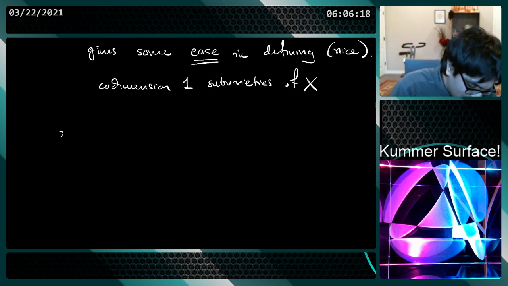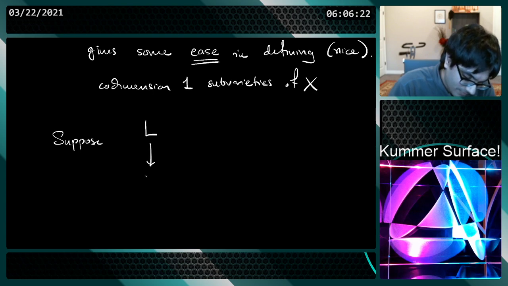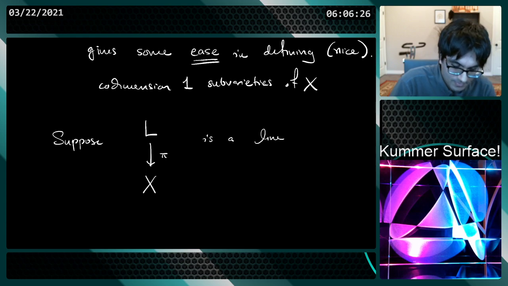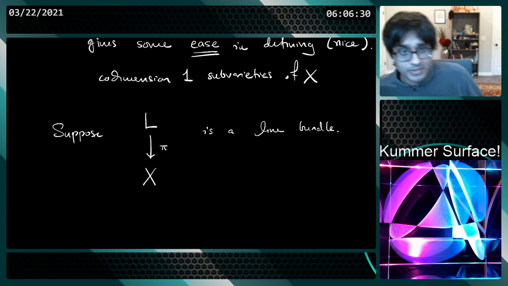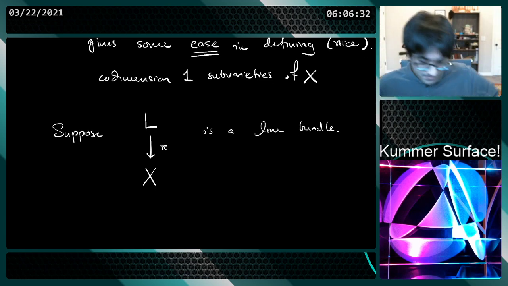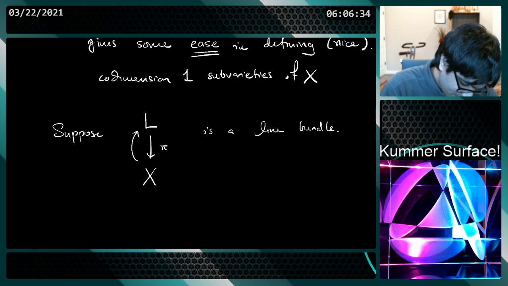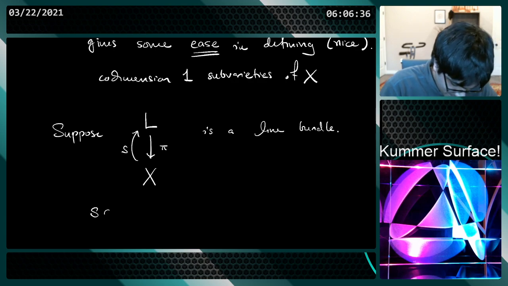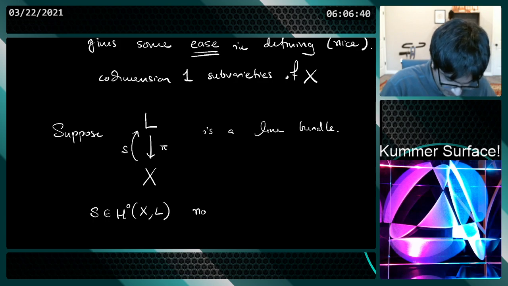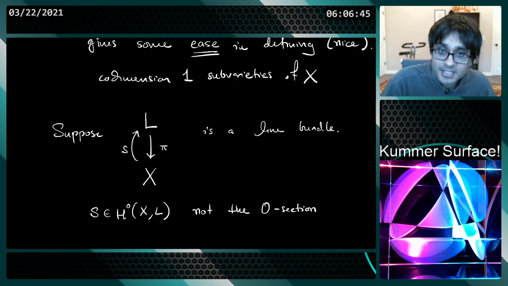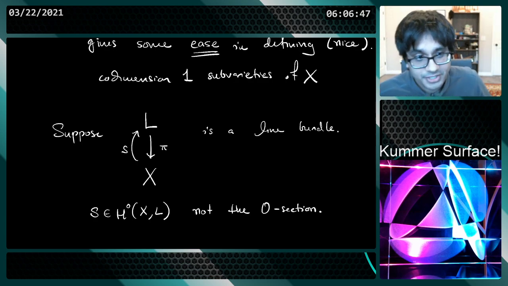All right. So suppose L is a line bundle. And now suppose S is a non-zero section. The non-zero means not the zero section.